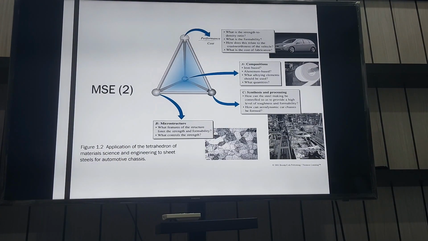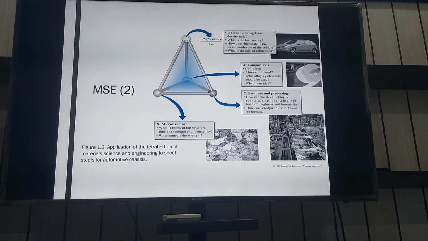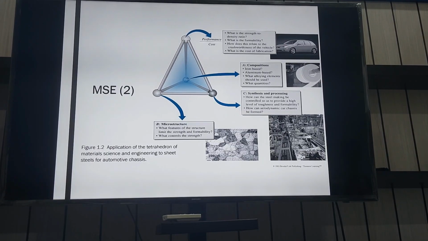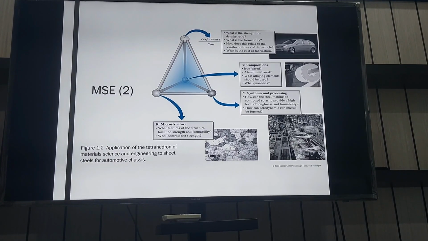So the vacant spot will be replaced by another material that is in fluid form. So the material defects that have a positive effect on material strength are substitutional defect and interstitial defect.